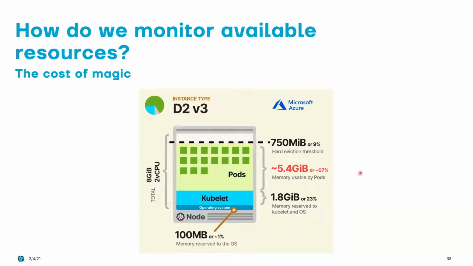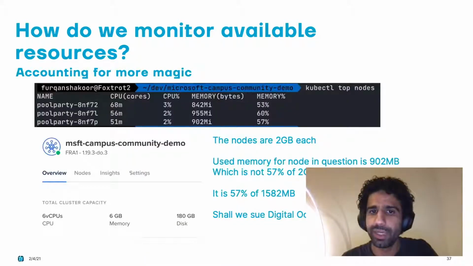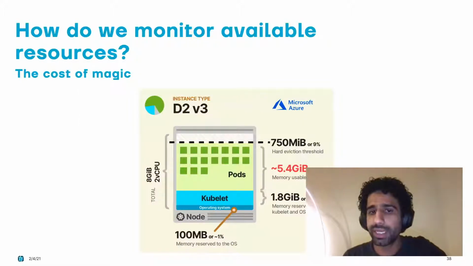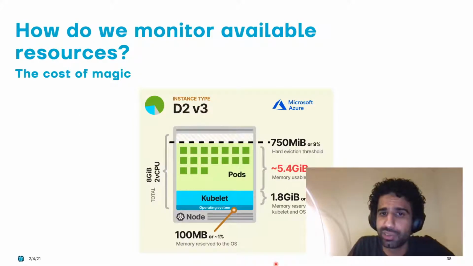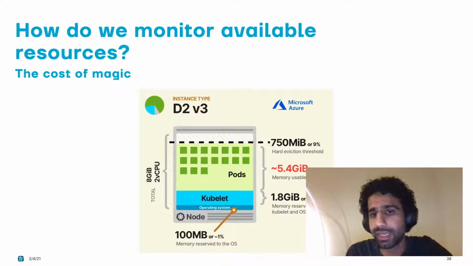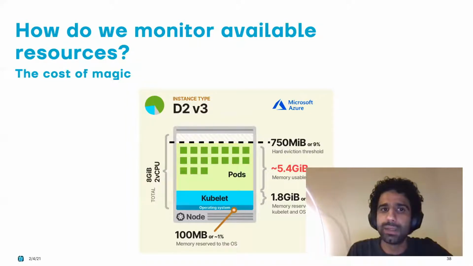When we looked at the DigitalOcean dashboard, we saw that if we get a 2 gigabyte machine, we get 1 gigabyte of usable memory. And our calculations in the previous slide show that it's about 1.5 that we have. So maybe they under-advertise it. But the lesson that we learned from this is that it's not going to be exactly what you booked.